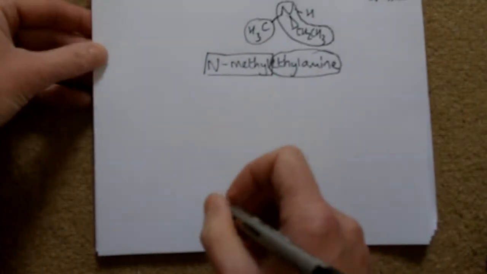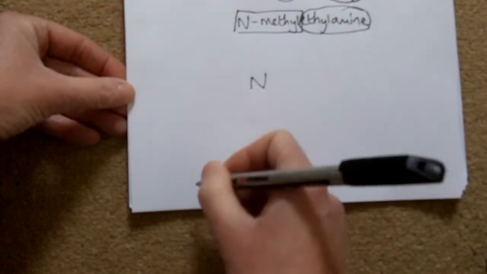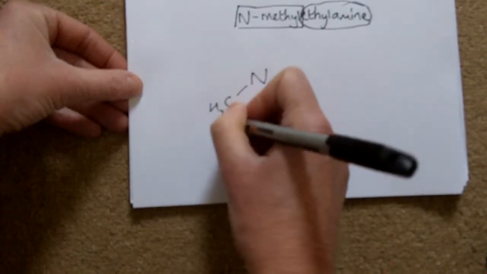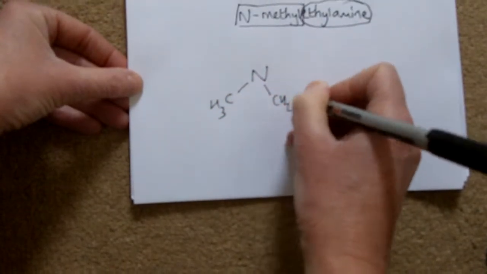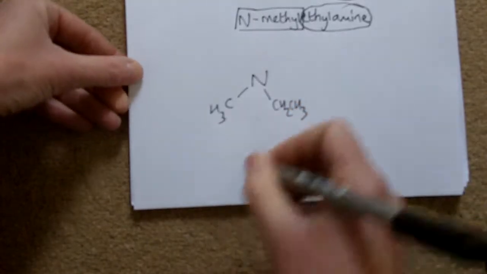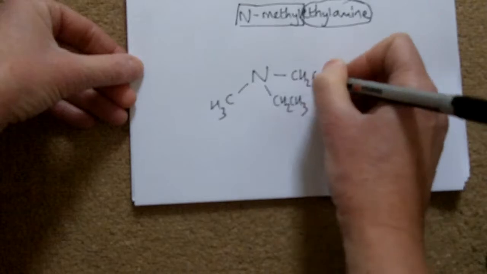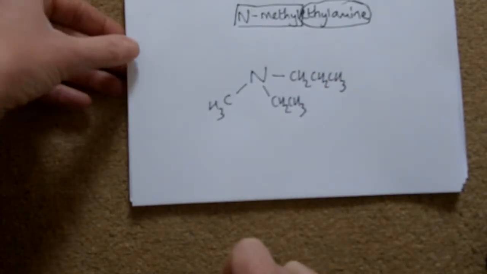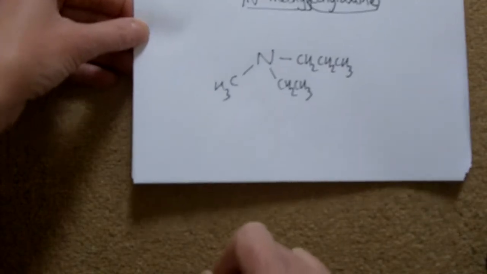So let's have a go at naming. Let's take a tertiary amine. What if we have a methyl group, an ethyl group, and also a propyl group? That is a tertiary amine. So how would we name it?